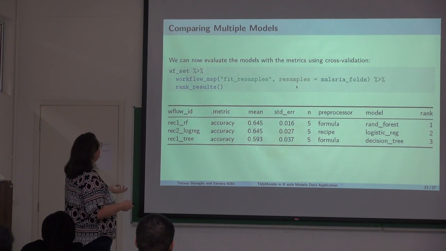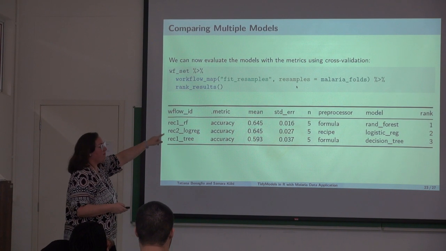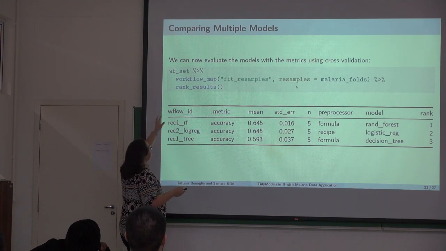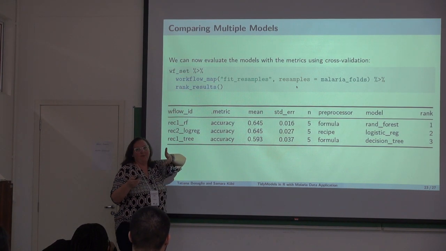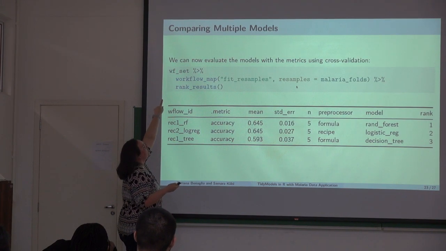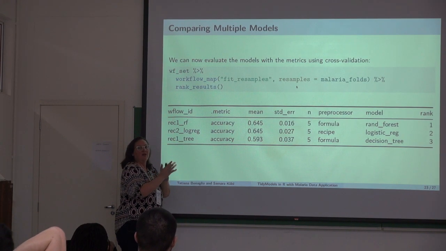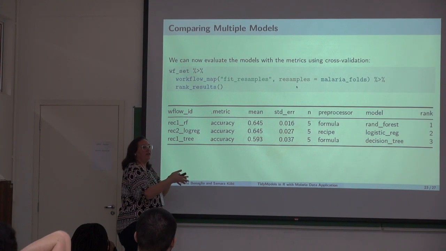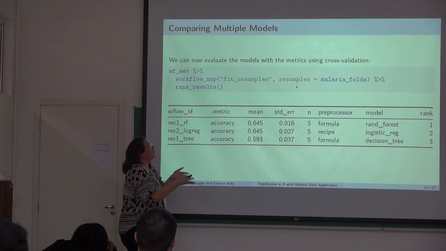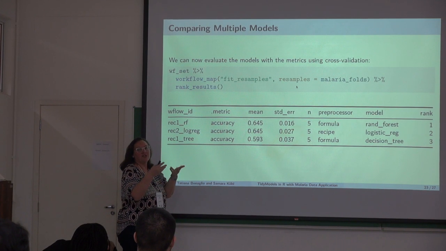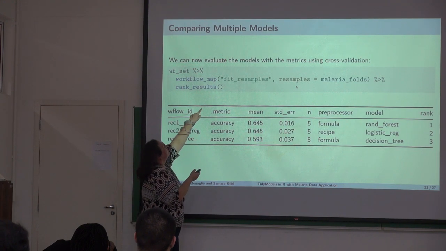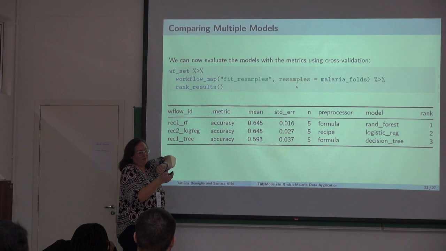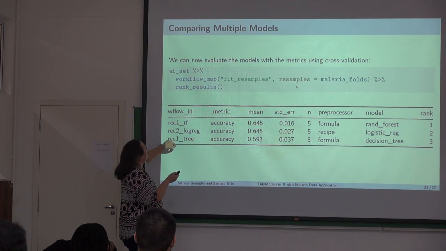I'm gonna use again fit resamples, but inside of this other function called workflow map, which is gonna get your workflow set. What are you gonna do with the workflow map? I wanna do the cross-validation thing, right? So fit resamples. So that's here.